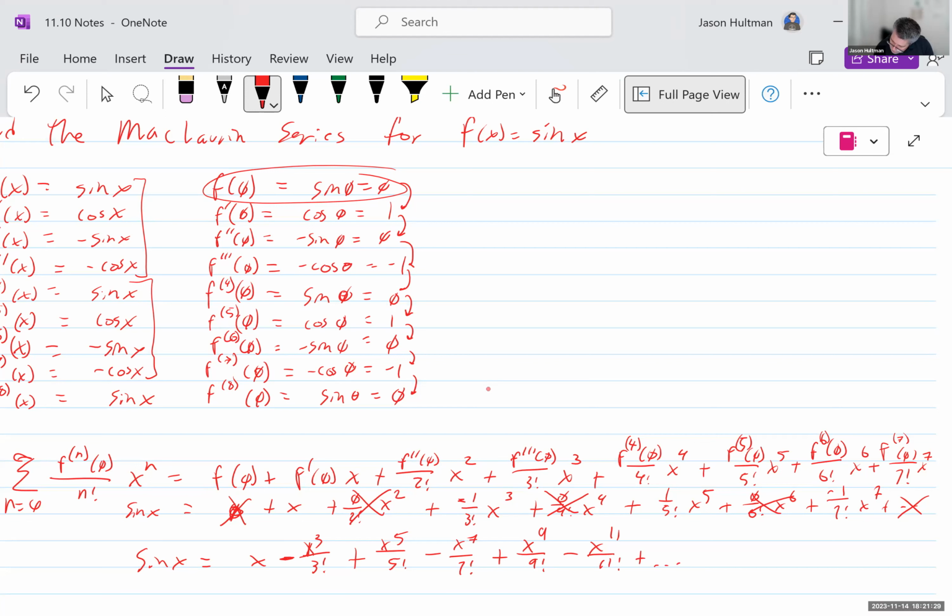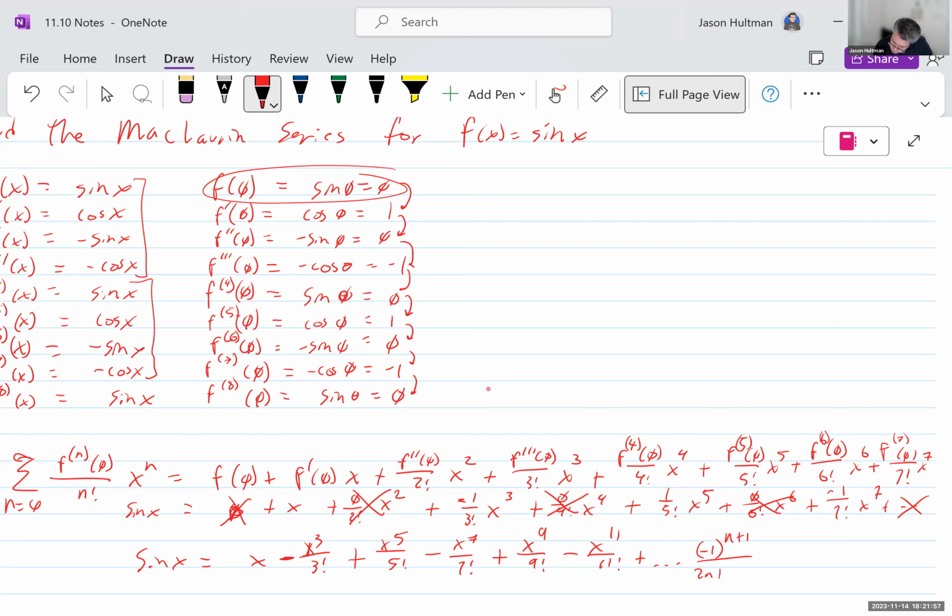What would be the nth one? This would be negative 1 to the nth, it's actually the n plus 1th term, all over, what? All over 2n minus 1.